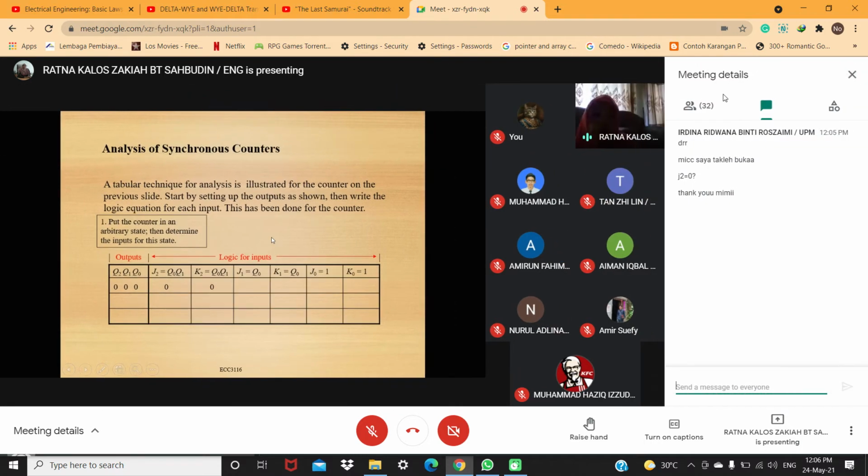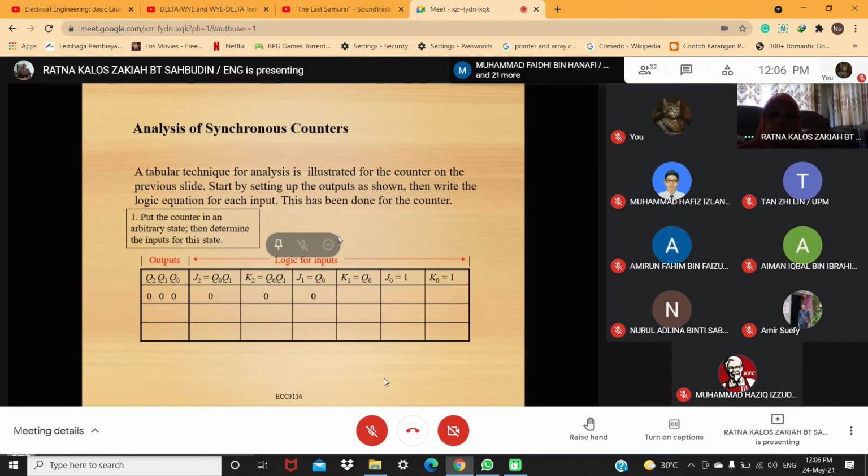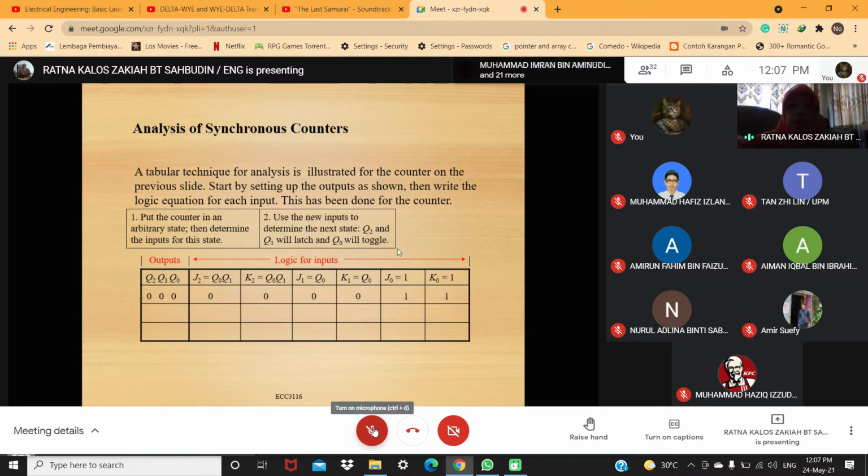Okay, now you have this. So use the new input to determine the next state. Q2 and Q1 will latch and Q0 will toggle. So now look at the next state here is 0, 0, 1.